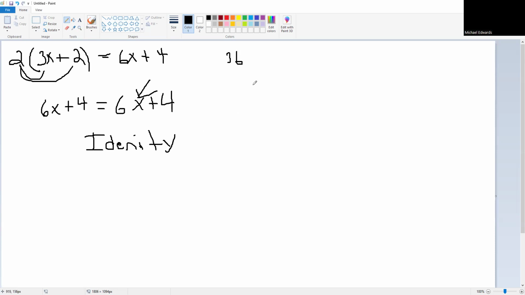3b plus 2 equals b plus 4. Hmm. So what do we do with this one? Simplify both sides is our first step, but that's already been done.